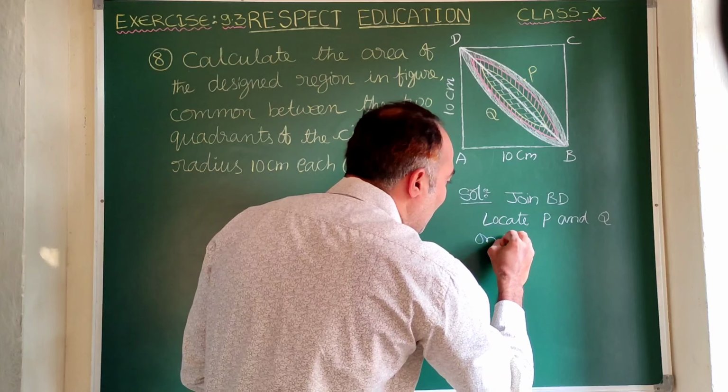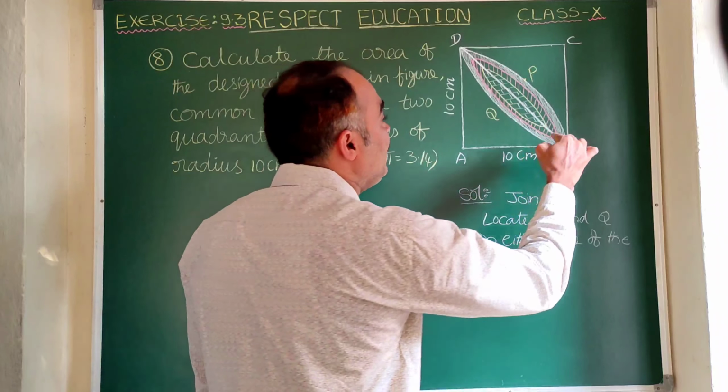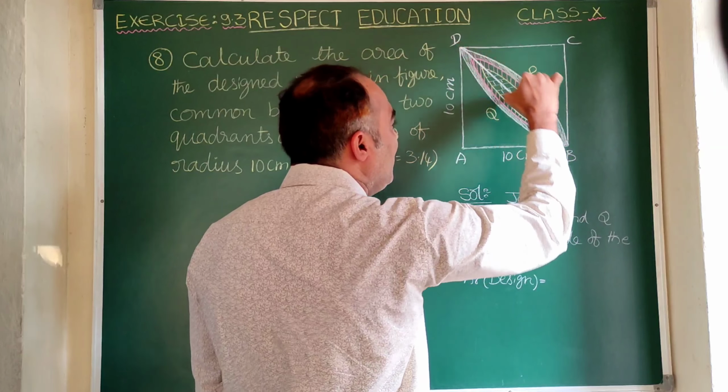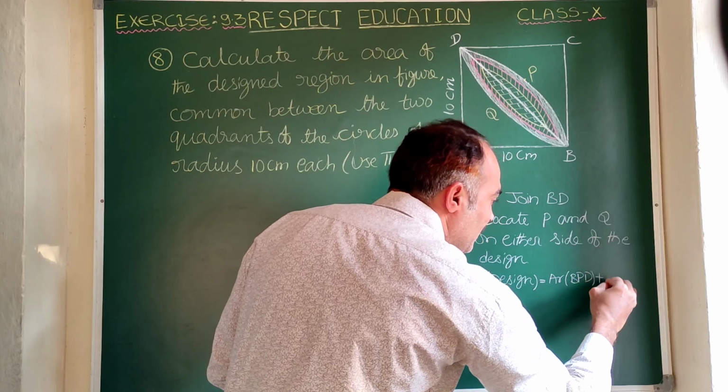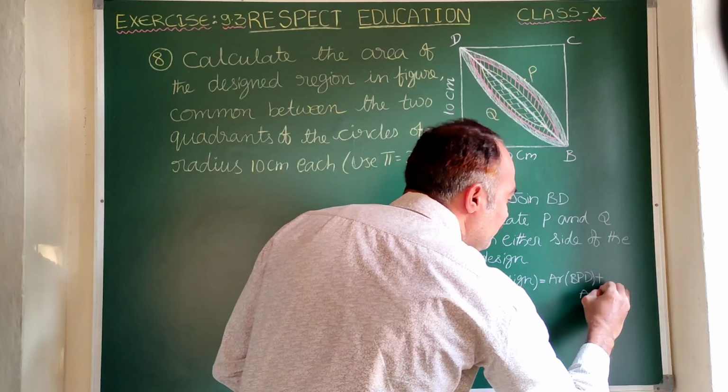Now the area of the design is equal to the area of BPD plus the area of BQD.